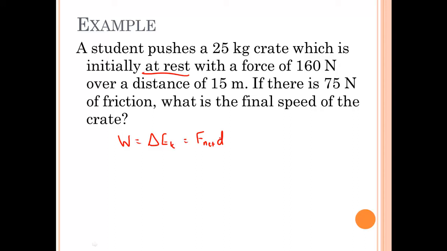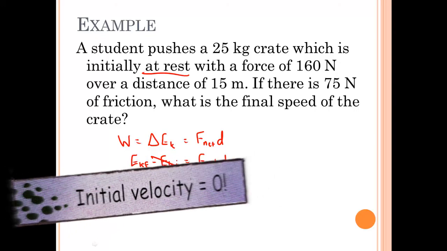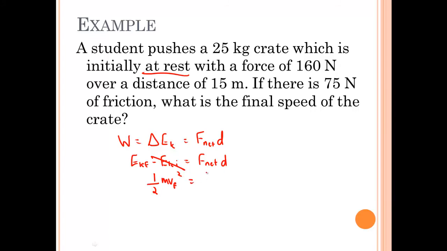Our change in kinetic energy, though, you may remember, is the kinetic final minus the kinetic initial. But if we think about it, we're talking about something that was initially at rest, so the initial kinetic energy has to be 0. Plug in 0 for v, you get a value of 0, which means this simplifies to 1/2 m v final squared has to equal F net times d. At that point, this is straightforward again. It's another algebraic situation.